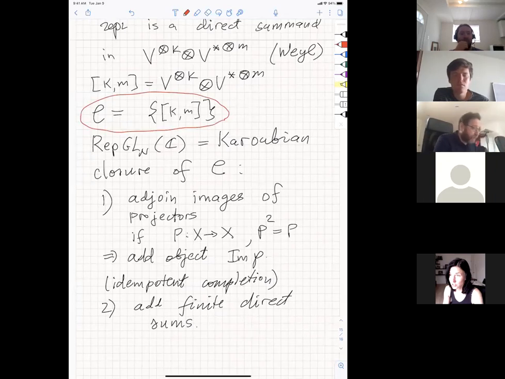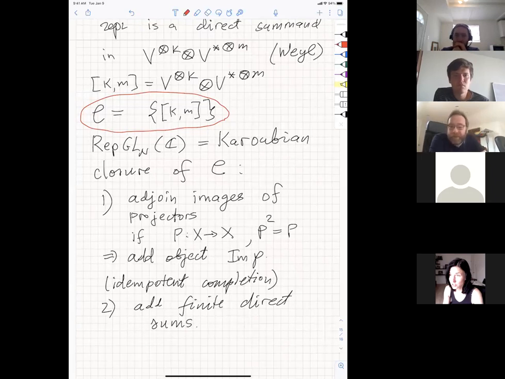But so far, certainly, the description we have still mentions matrices because we say that it's V to the k times V star to the m, and we look at all the maps that are GL(V) invariant. But then the point is that you can write that down using diagrams, and that description already is going to be good from that point of view.